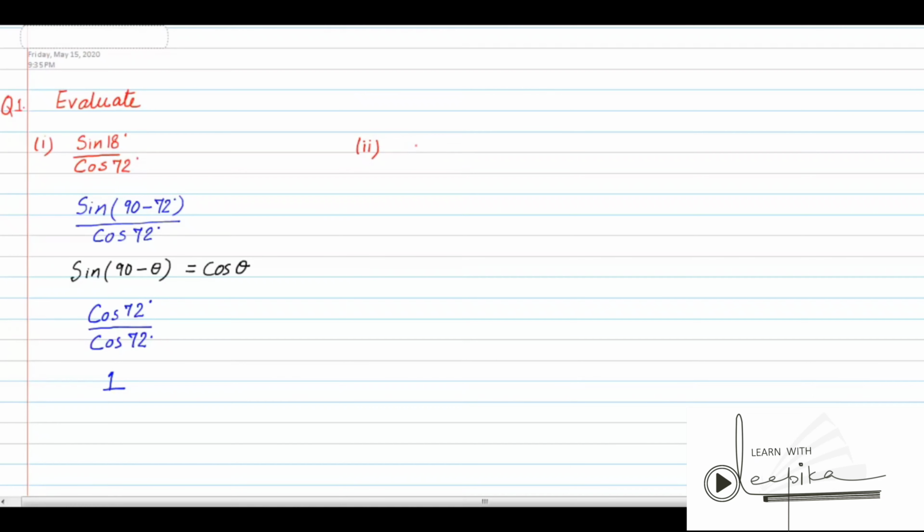Second part of this question is tan 26 degree upon cot 64 degree. This is similar to the previous question. Here you can see 26 and 64 are complementary angles, so we can write tan 26 as tan 90 degree minus 64 degree and the denominator cot 64. Student, here you have to change either the denominator or the numerator.